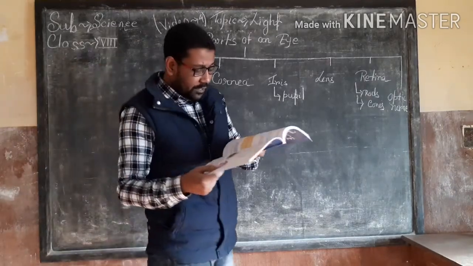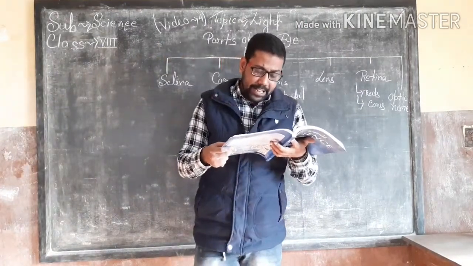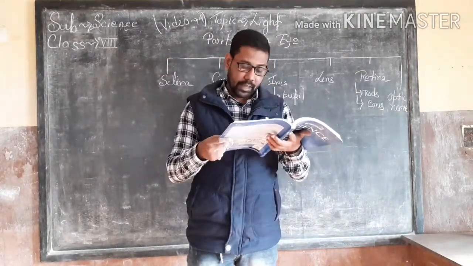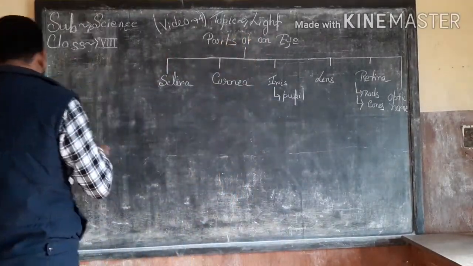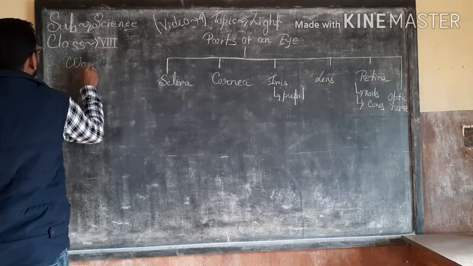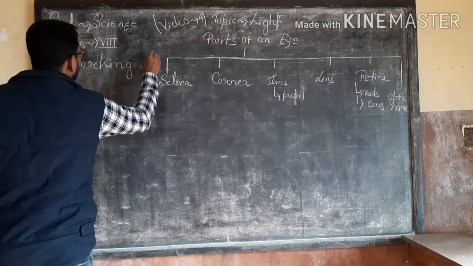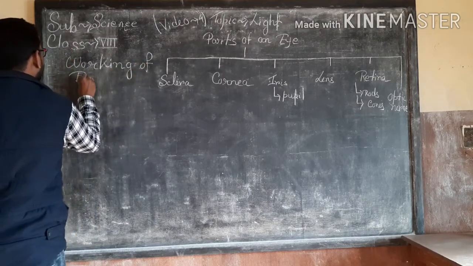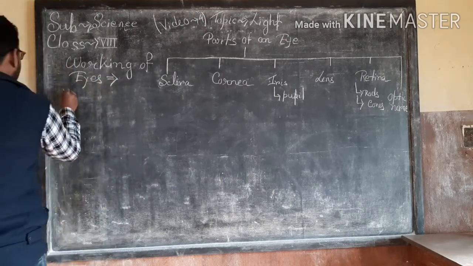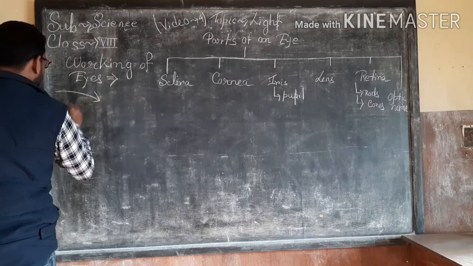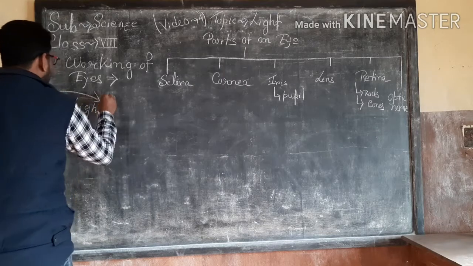The next one is the working of the eye. The light rays coming from an object enter the eye through the pupil. So, working of the eye. Okay, first, the light ray comes to the pupil.